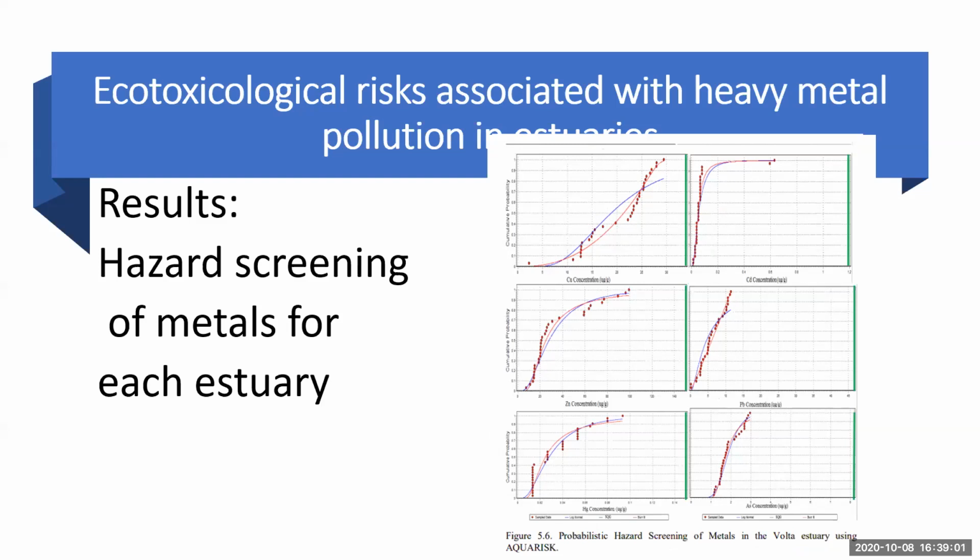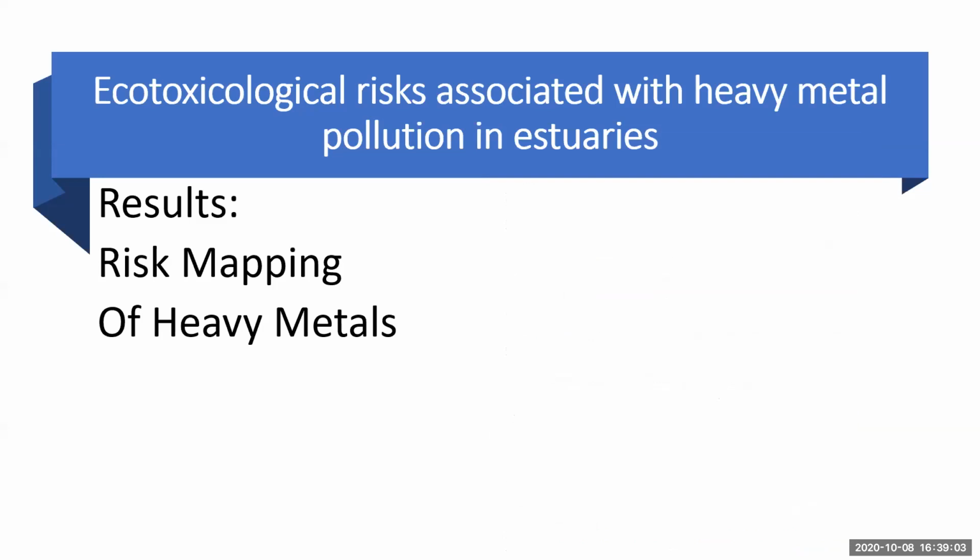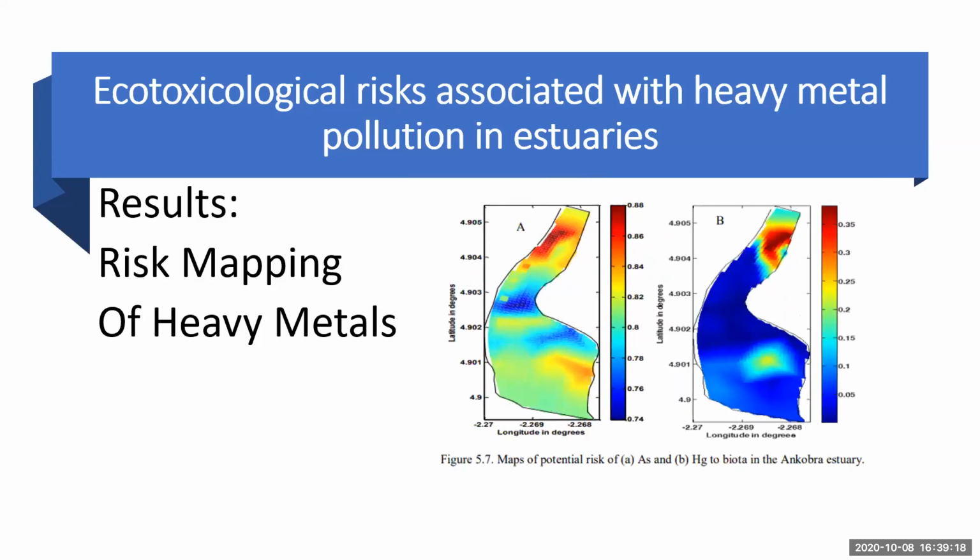So the next thing was to generate the risk maps for these two estuaries, the Sakumo and the Ankobra, which had metals identified as metals of potential concern. We wanted to see which part of the estuary is safe and which part is not safe.